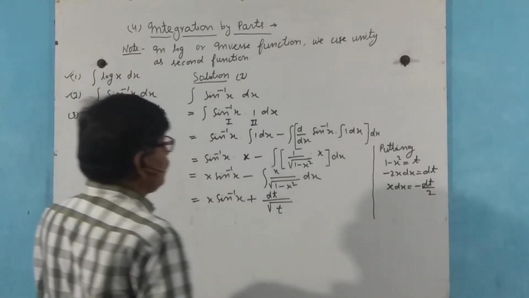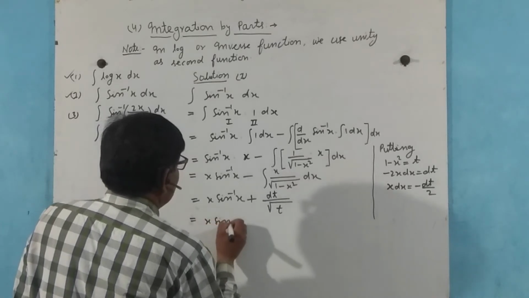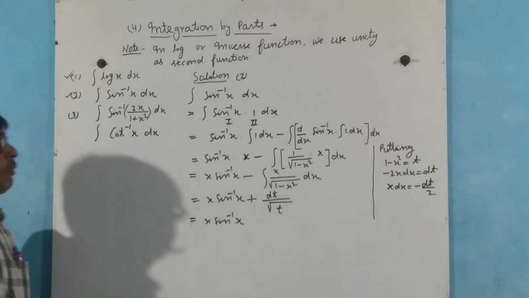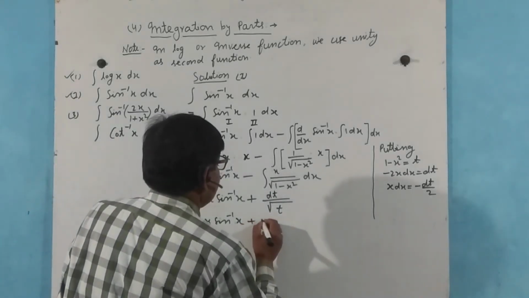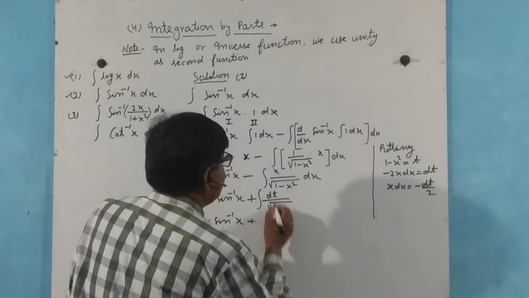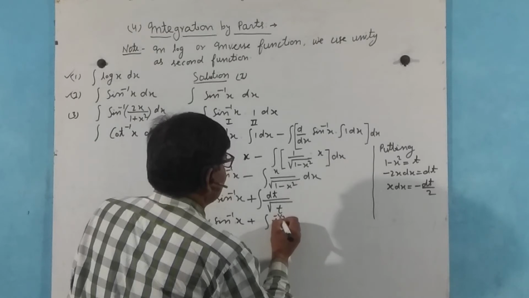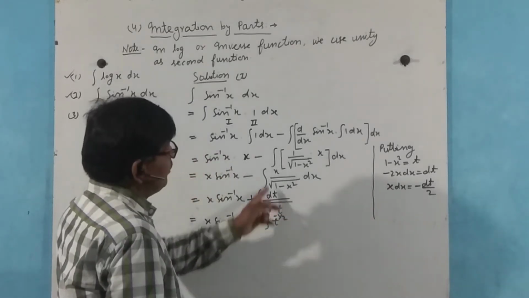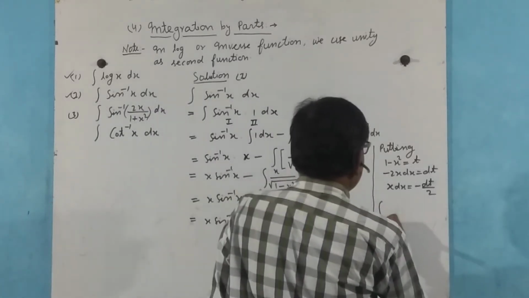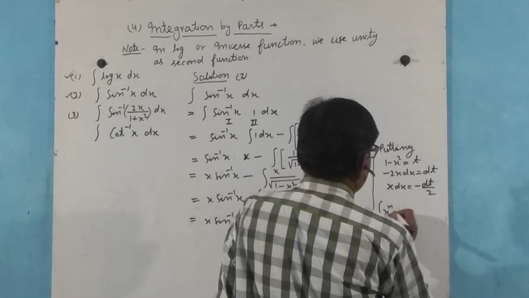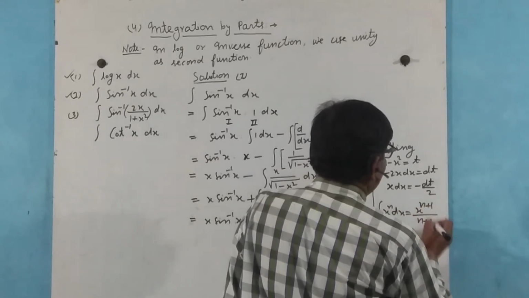This can be written as x sin inverse x plus integration of t to the power minus half dt. We know that integration of x to the power n dx is equal to x to the power n plus 1 divided by n plus 1.